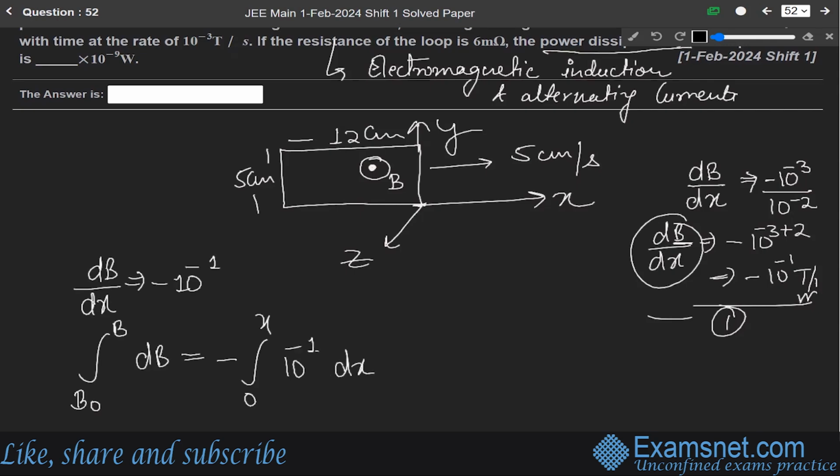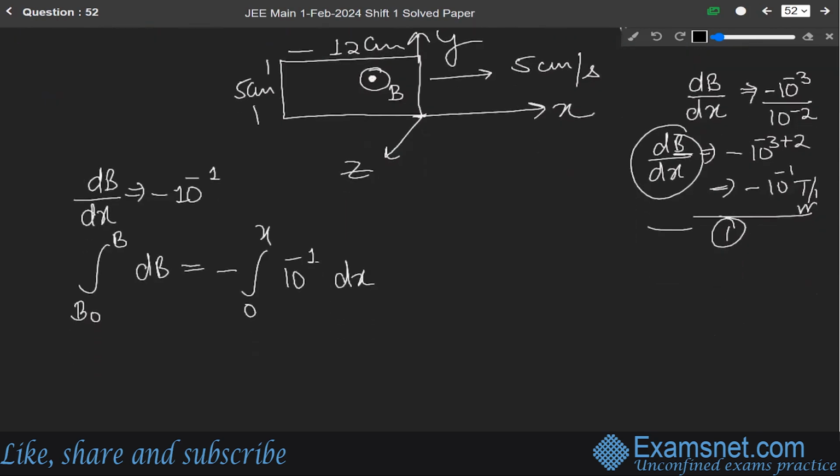When the value of X is 0, at that time the magnetic field is B naught, and when the value of X is, let us say, X, at that time the magnetic field is B. So for this, B minus B naught will be equal to minus 10 to the power minus 1 X. So B will be equal to B naught minus X over 10. So B means in this direction.